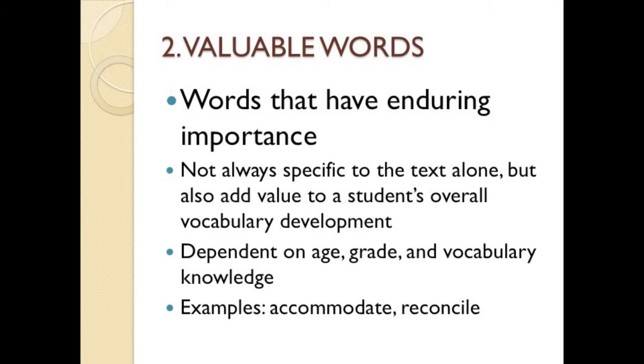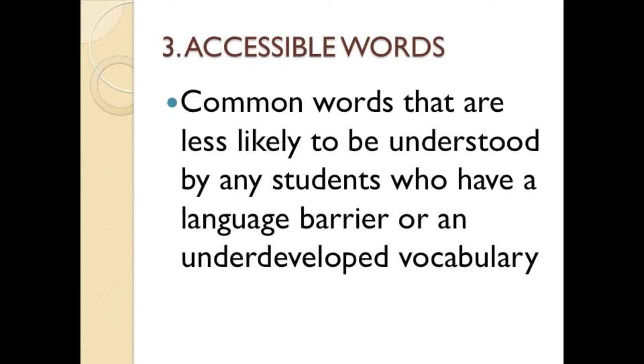And depending on what age, grade, and vocabulary knowledge students have, valuable words can differ from classroom to classroom. Some examples of valuable words may be words like accommodate or even reconcile. So words that you could probably understand a story without knowing what the words mean, but they do have an enduring importance and lend value to the student's education.